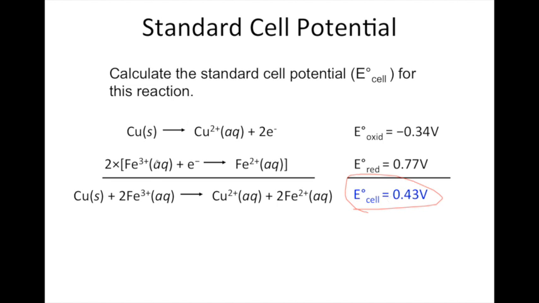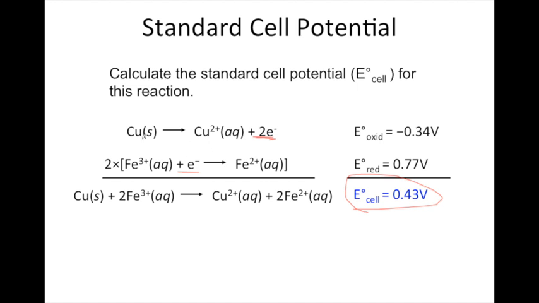Also, before I add these two reactions together, I notice that the copper is losing 2 electrons, whereas the iron half reaction was only gaining 1. So in order to balance these half reactions, I had to multiply the iron half reaction by 2. That's not necessary to get your standard cell potential, but I do need to figure out the number of electrons transferred.